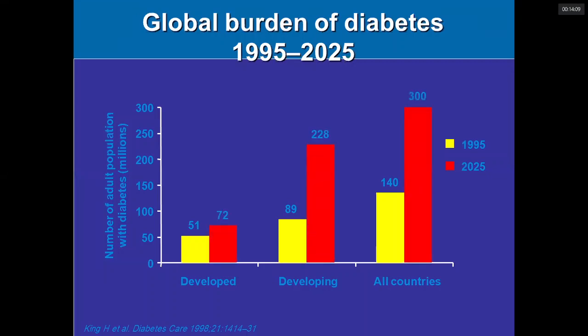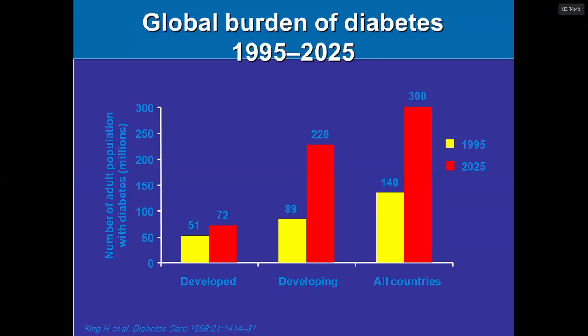So this is the global burden of diabetes. In developed countries, we now have about 51 million, and by 2025 it will be about 72 million. In developing countries we have about 90 million, and the increment will be much higher than in developed countries. Overall we have about 230 million, in all countries, developed and developing.